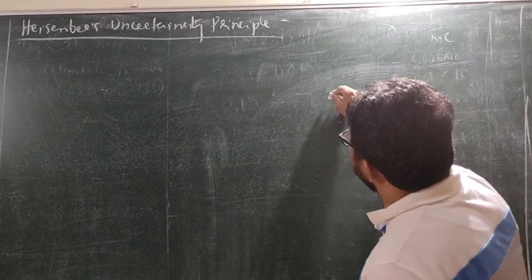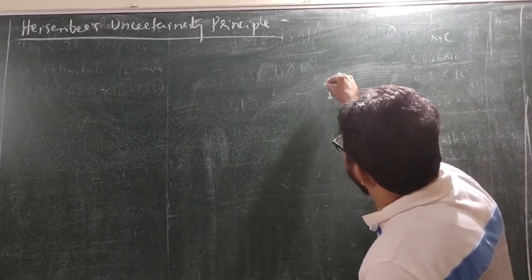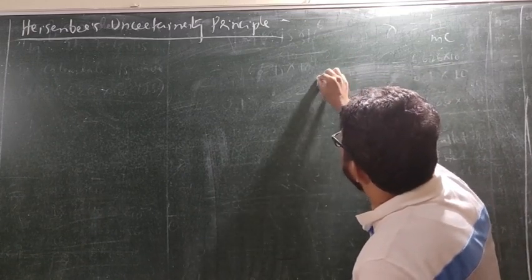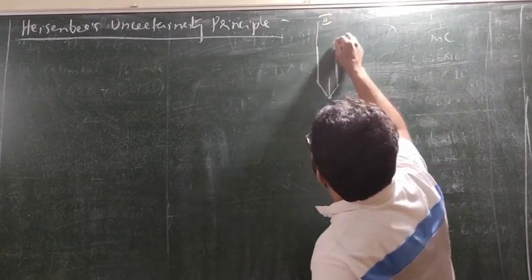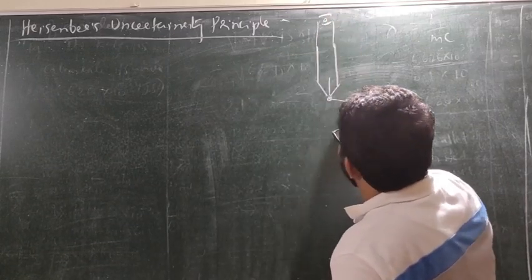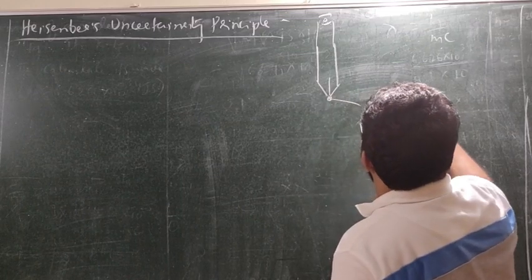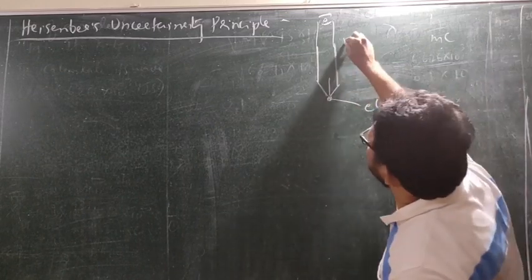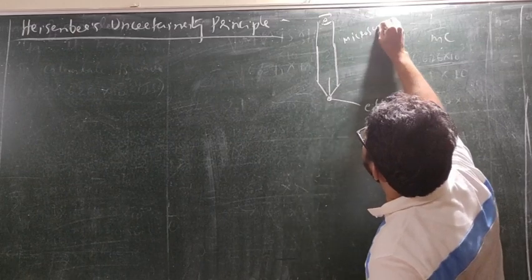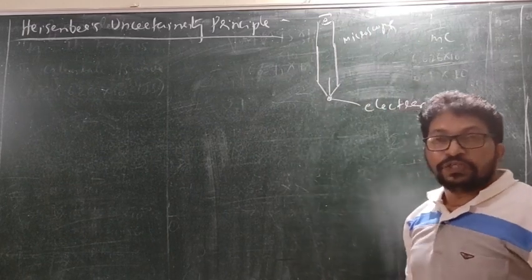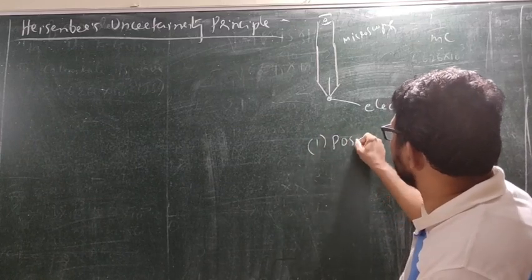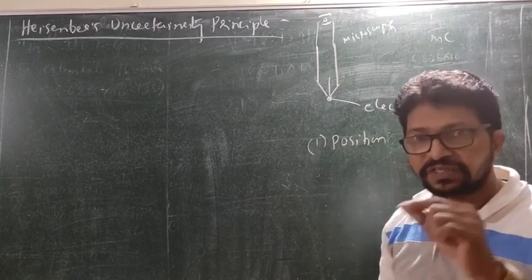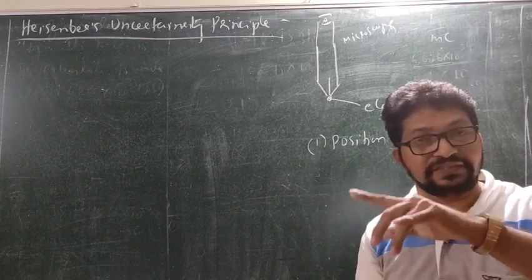Now you see, with the help of a powerful microscope, Heisenberg wants to detect the electron in order to find two things. Position of the electron, because he has to trace the position.